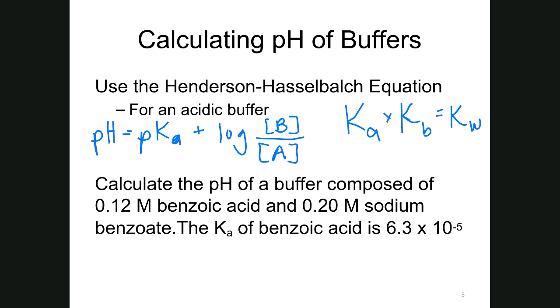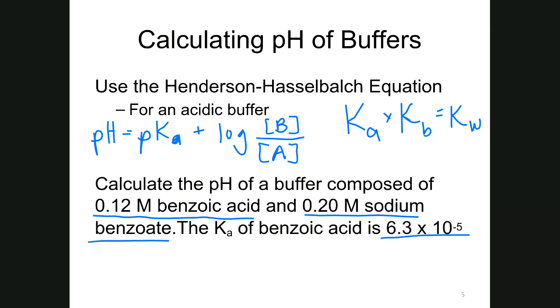So let's say we have a buffer made up of a concentration of benzoic acid and sodium benzoate. Sodium benzoate and benzoic acid are your conjugates, and we're given the Ka of the acid.